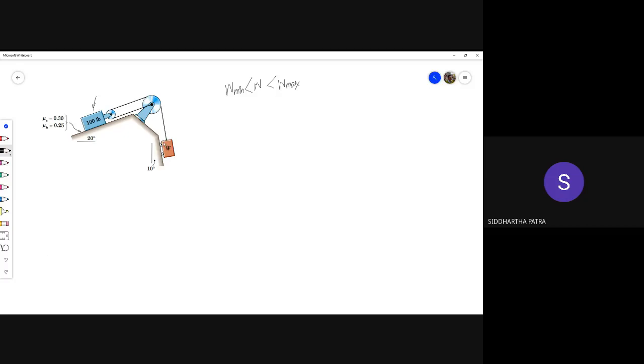One thing is that the wheels can be assumed frictionless, the pulleys can be assumed frictionless. So these are all frictionless. The wheel, the pulley, and this pulley right here.